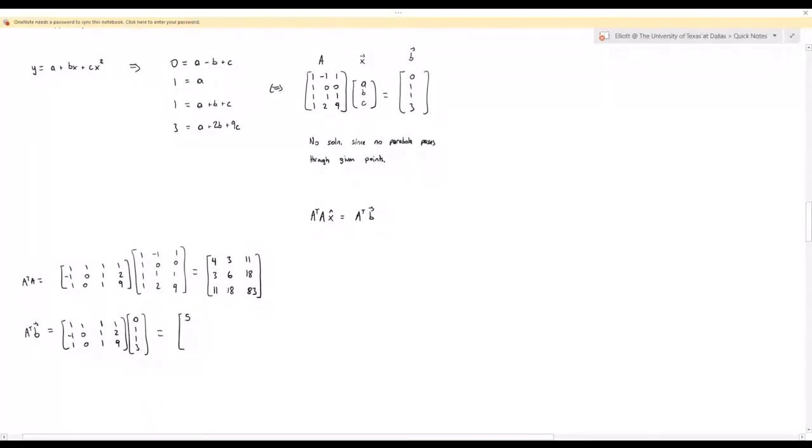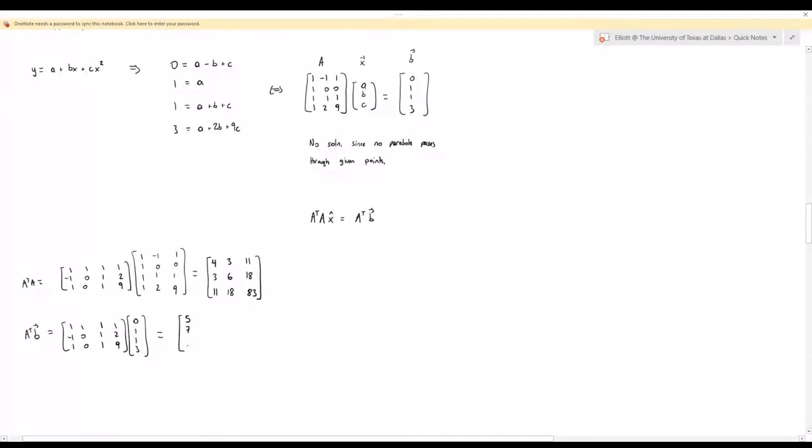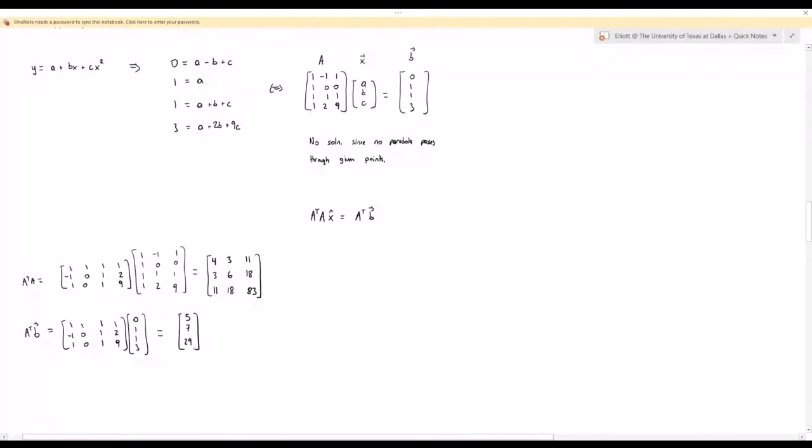I think that's going to be 5, then 7, and the last one is 28. So assuming I made no mistakes, that's A transpose A and A transpose B.